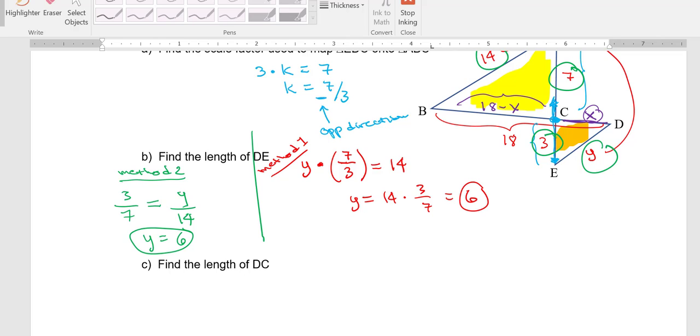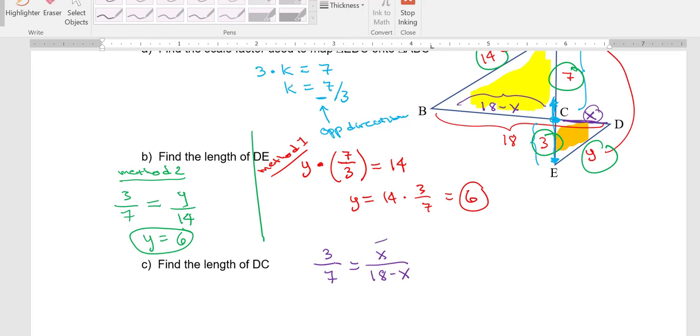So I'm going to set up the same proportion. It's going to be 3 from the smaller triangle is to 7 from the bigger triangle, as X from the smaller triangle is to 18 minus X from the bigger triangle.